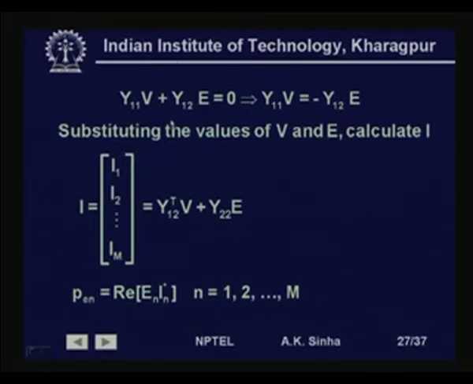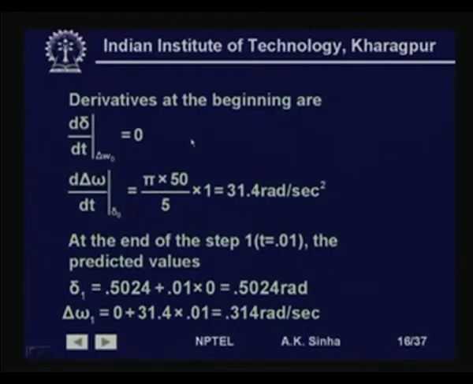The first set is Y11 V plus Y12 E equal to 0, so we can write Y11 V is equal to minus Y12 E. Now, if we know the E values, because the initial terminal voltages and the power are known, we can find out the current flowing from the generator, and knowing the generator transient reactance, we can find out the value of E, just like we did in this example earlier.